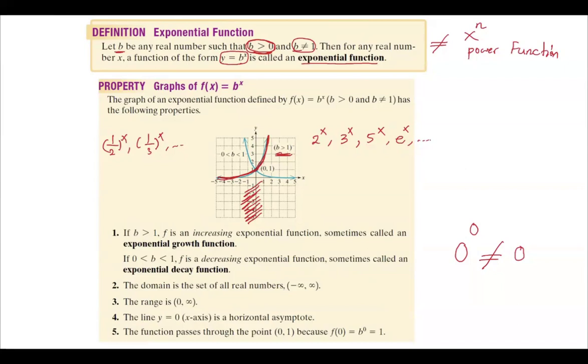We're going to talk about inverse of these functions later when we are introducing the inverse of hyperbolic functions. Hyperbolic functions are constructed using exponential functions.